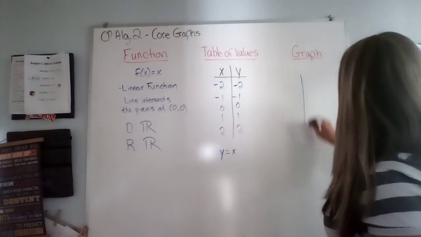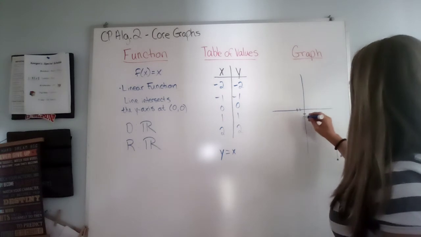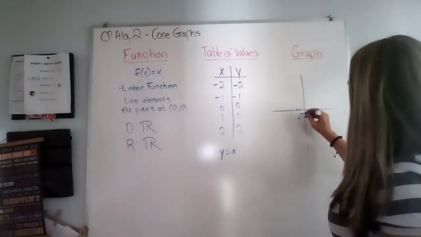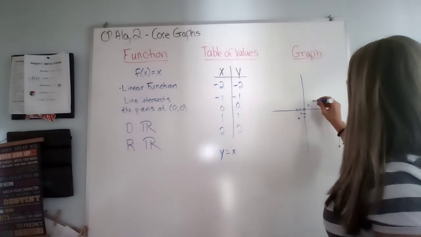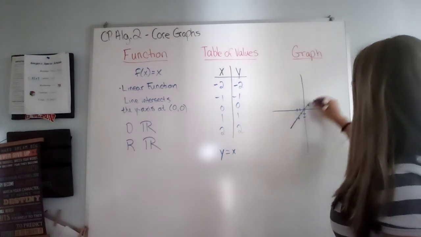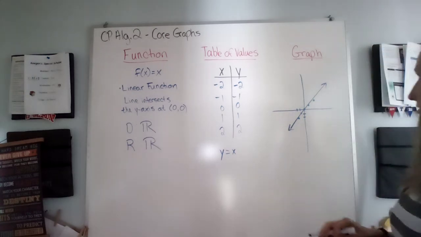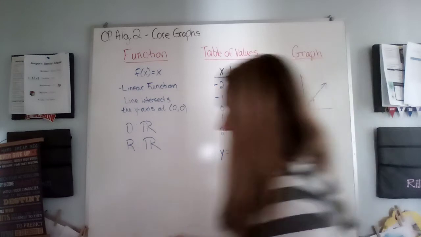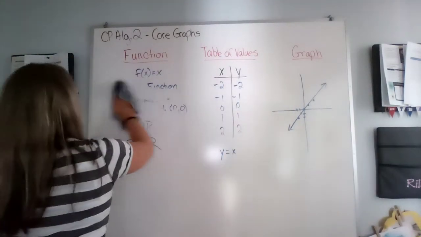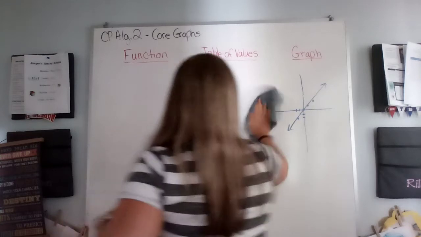So if I was to graph this, when x is -2, y is -2. When x is -1, y is -1. 0, 0, 1, 1, 2, 2. There's your linear function. Okay, graph of the line. All right, the next function, that's 2 of 8.